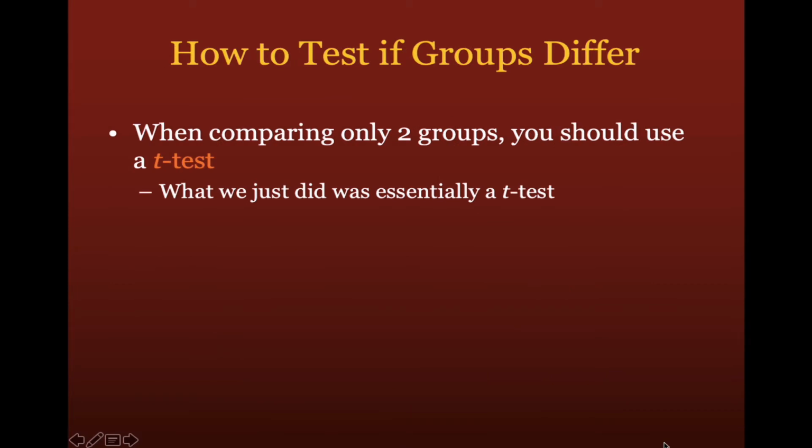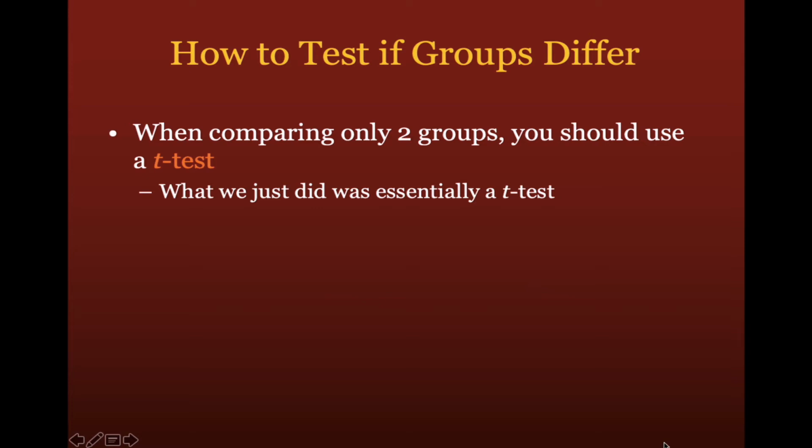All right, so when we're comparing only two groups, the statistic that we would use would be a t-test. Now, to be clear, a t-test is only useful when you're looking at two groups. When you have more than two groups, a t-test becomes a lot less useful because the t-test can only look for differences between two groups.